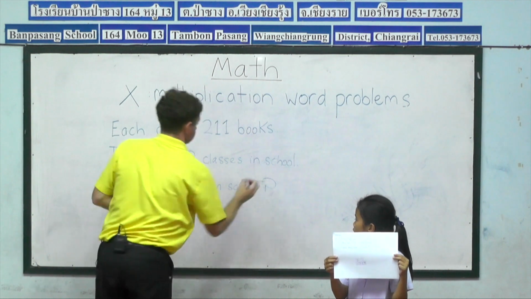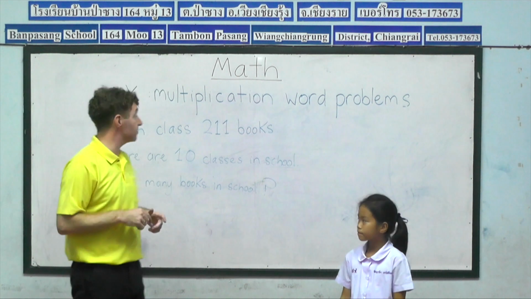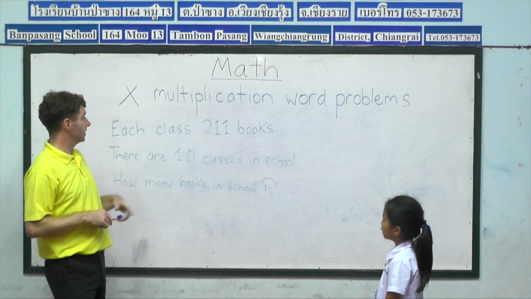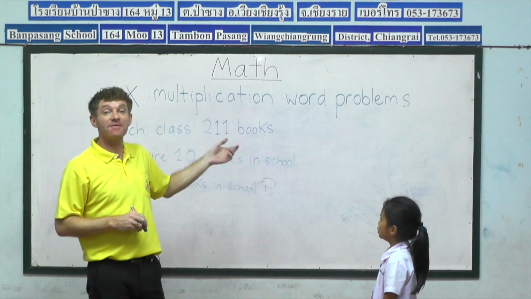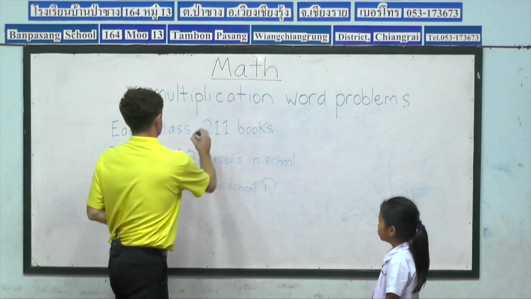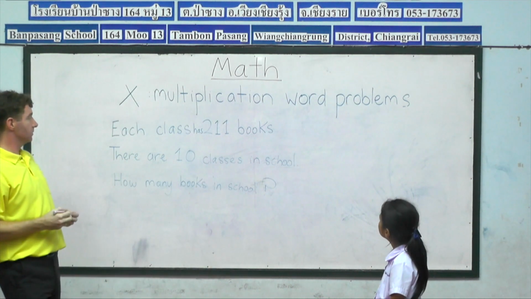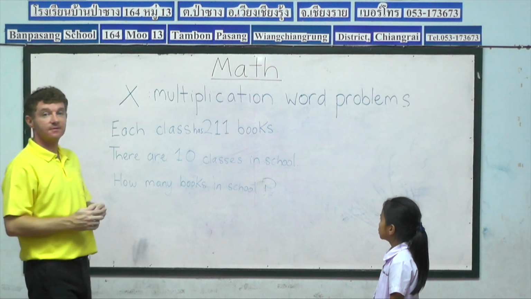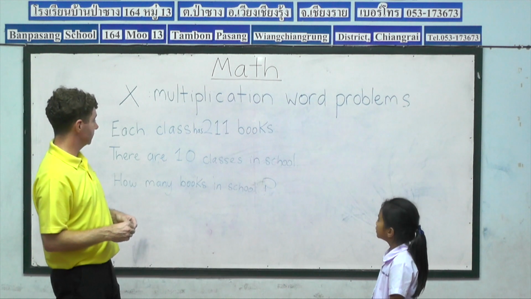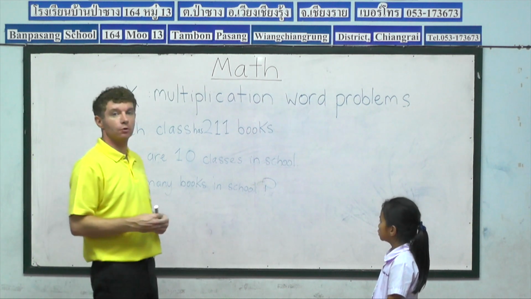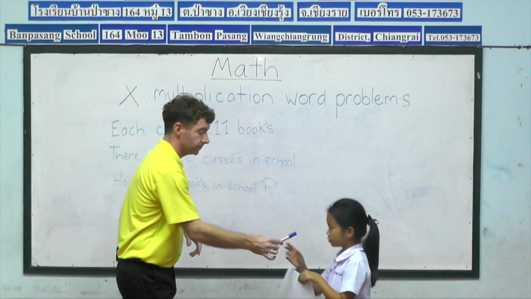Question mark. Okay, so now let's read Prau's word problem together. Each class has 211 books. And I need to write the word has. There are 10 classes in school. How many books in school? So Prau will now demonstrate how to answer her word problem.